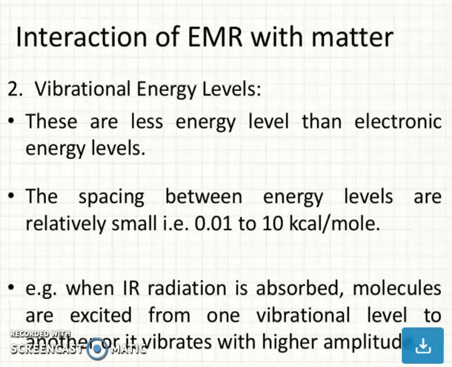Now vibrational energy levels. These are lower in energy than electronic energy levels. The spacing between energy levels is relatively small, that is 0.1 to 10 kilocalorie per mole. When radiation is absorbed, molecules are excited from one vibrational level to another, and it vibrates with higher amplitude.